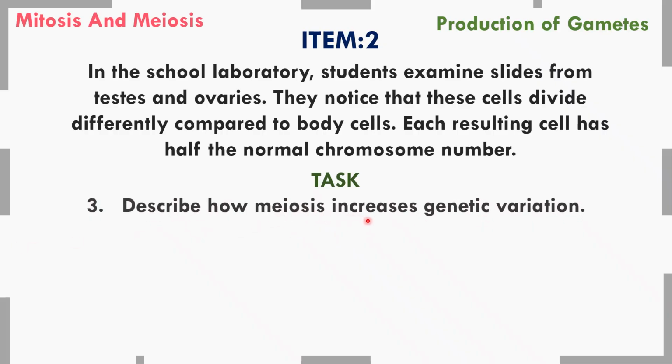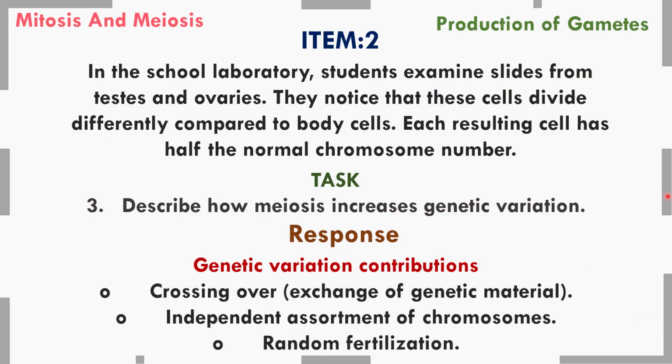Describe how meiosis increases genetic variation. Genetic variation contributions: crossing over, that is the exchange of genetic material, brings about genetic variation, along with independent assortment of chromosomes, and random fertilization.